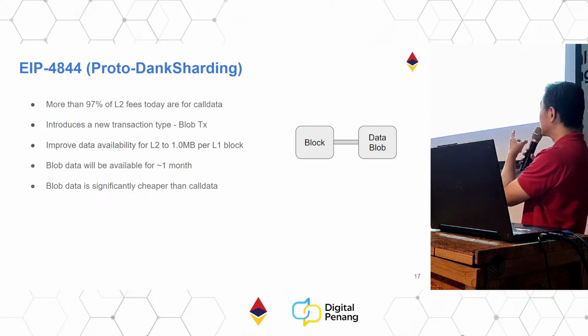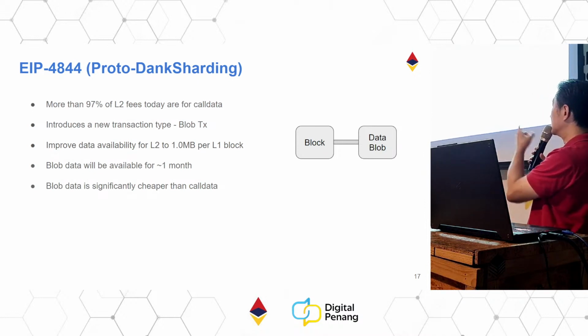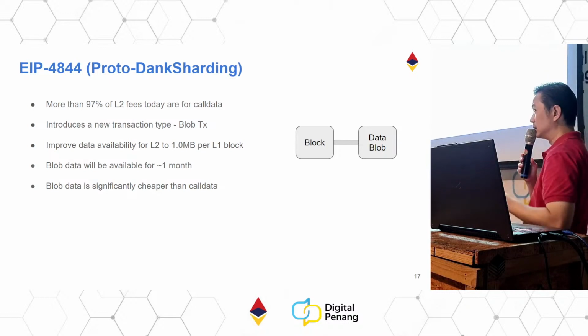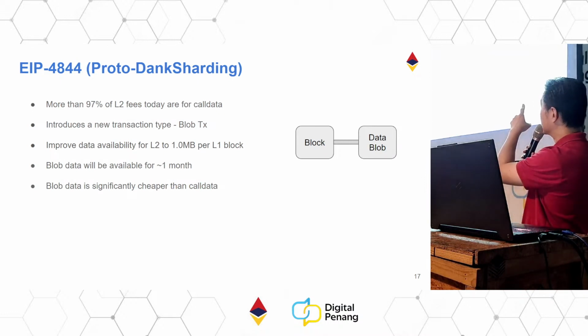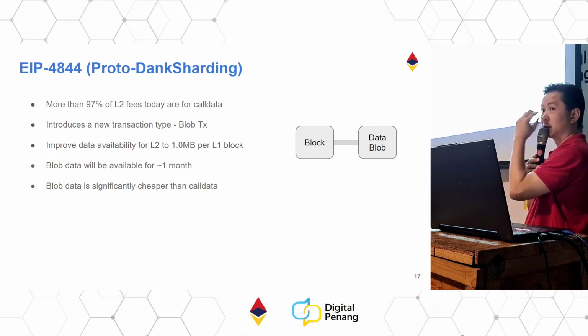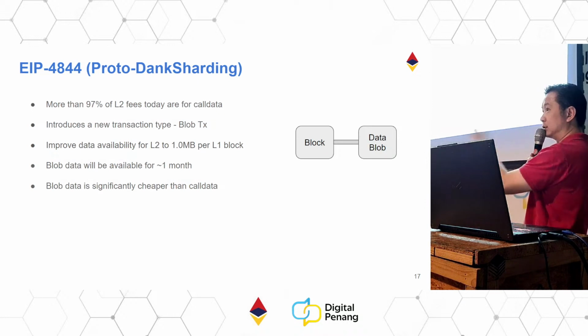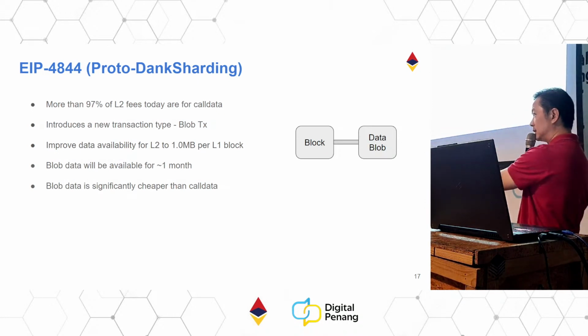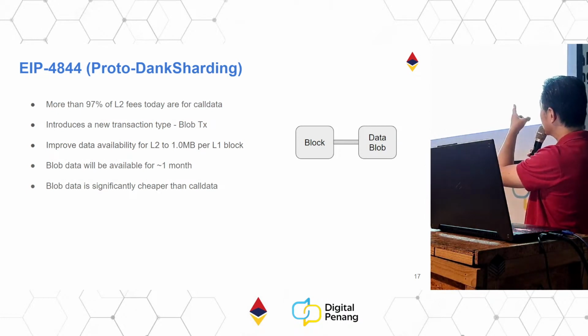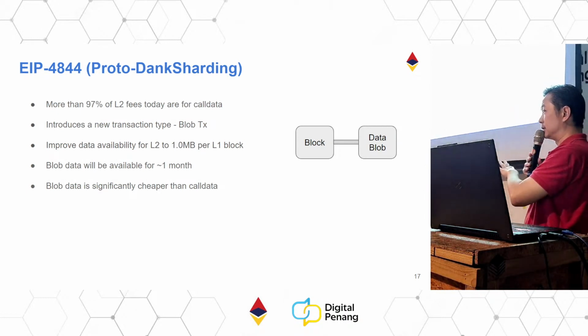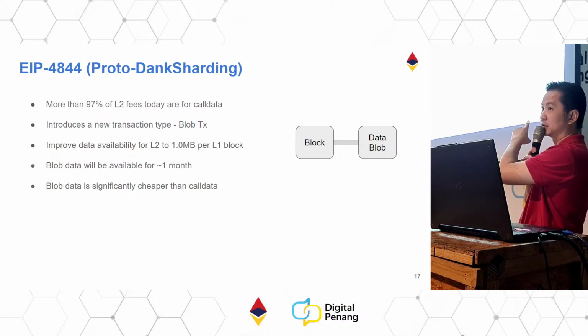So what are they adding in here? The motivation is that today in L2, most of the L2 fees are the fees for the calldata. Just now I talked about how we are submitting data into layer 1 and storing it there, right? Storing data in L1 is very expensive. About 97% of the L2 fees are because of this.